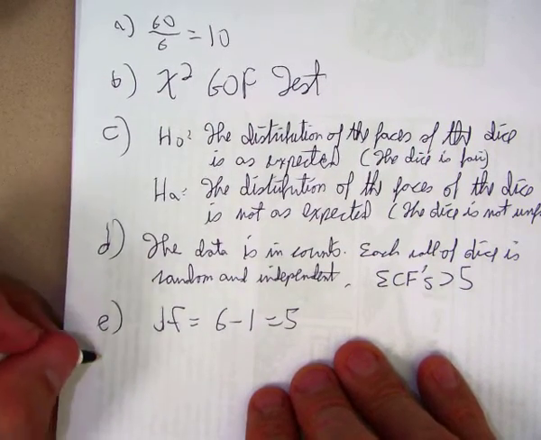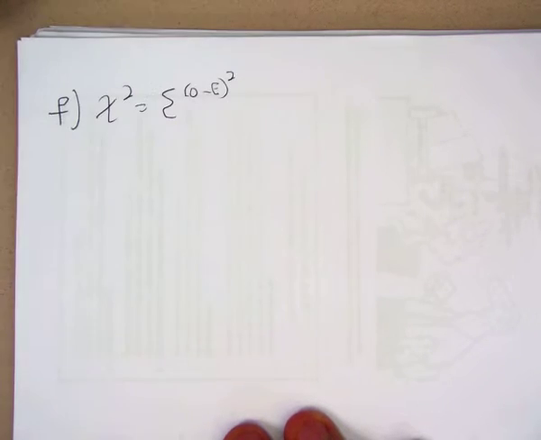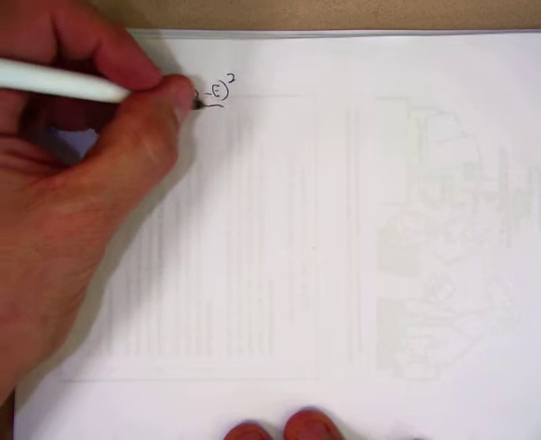Okay. And then F, we've got to find chi-squared. So remember, chi-squared equals the sum of the observed minus the expected quantity squared over the expected. So I'm just going to do the first one and the last one.